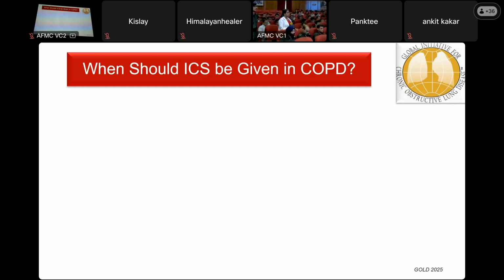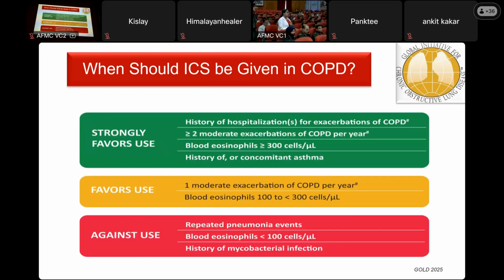If it is between 100 and 300, we can try LABA and LAMA. If that does not work, we can add ICS in this also. So basically, the response to inhaled steroids is a spectrum. Below 100, it usually does not work. Above 100, it usually works, and above 300 are the patients who should be given ICS.